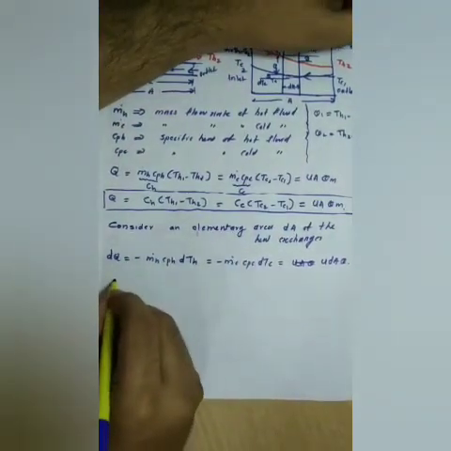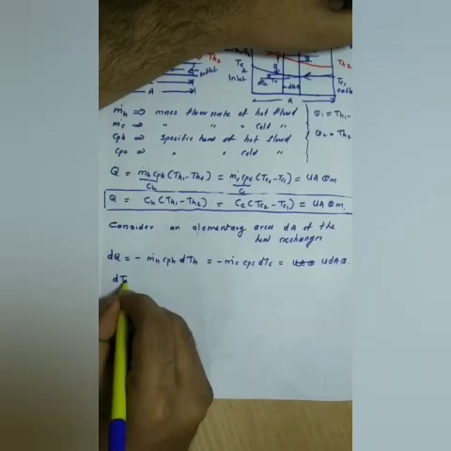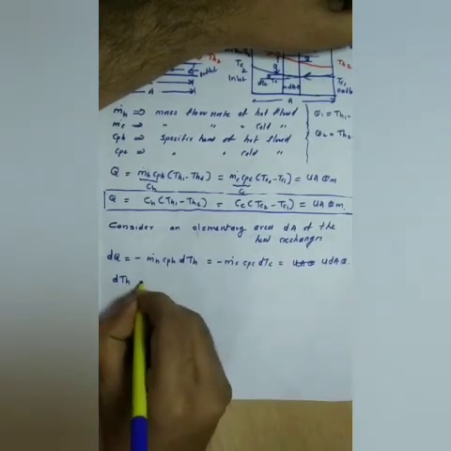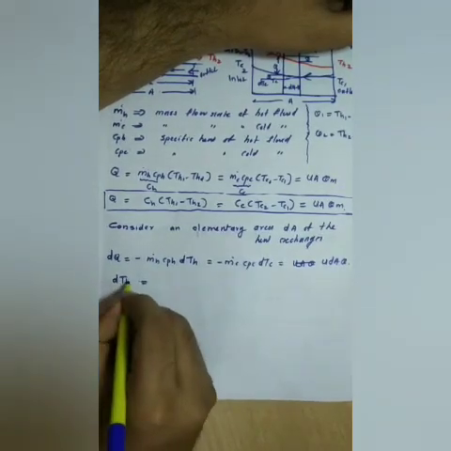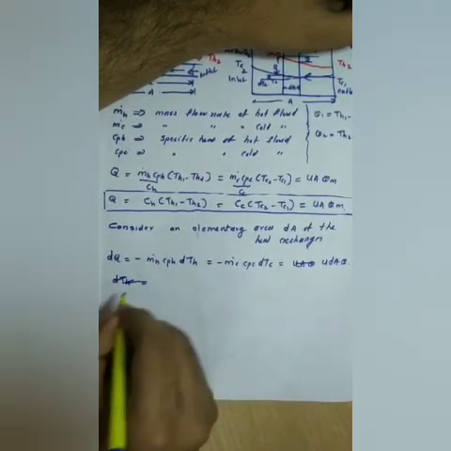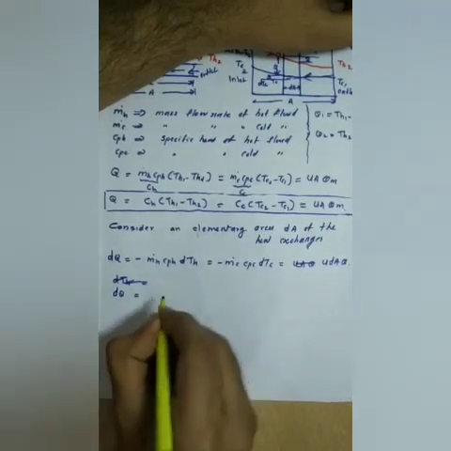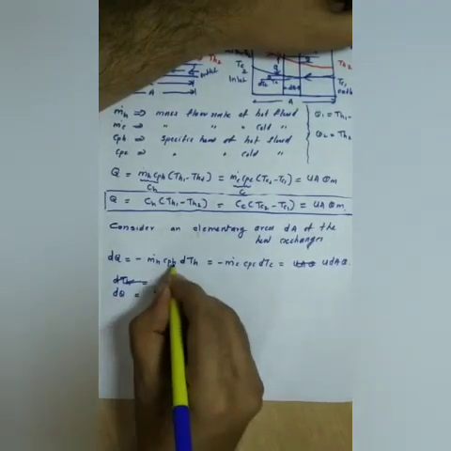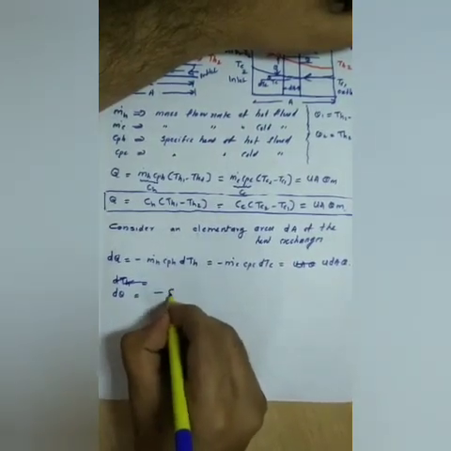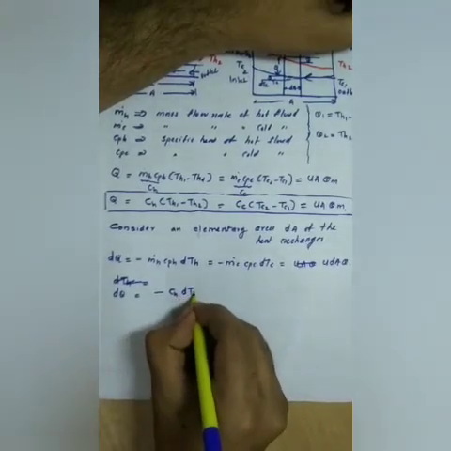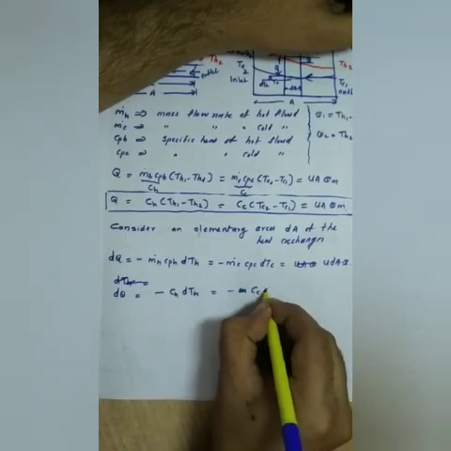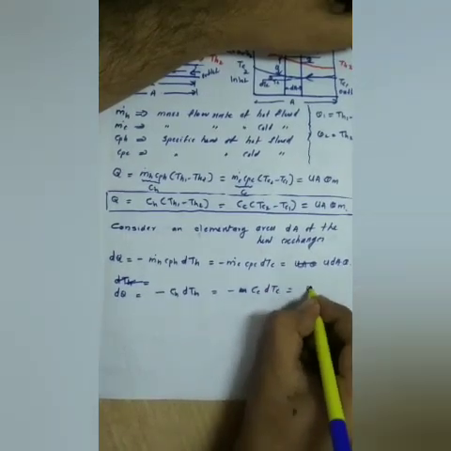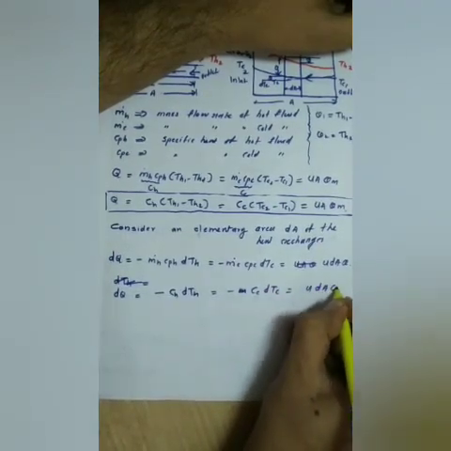Now I'm taking dTh from this equation. Before that, I can rewrite this equation as minus m dot h Cph (Ch) dTh is equal to minus Cc dTc is equal to U dA theta.